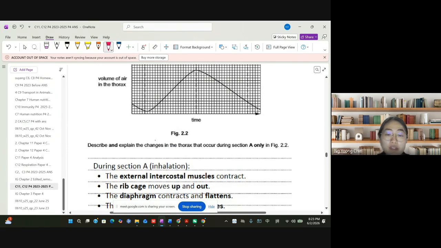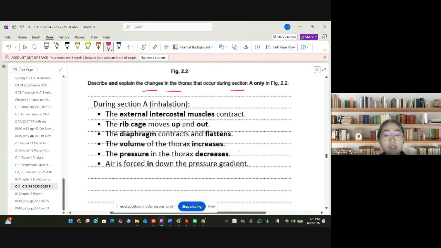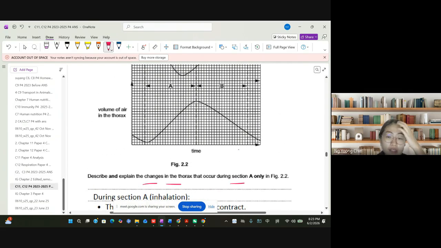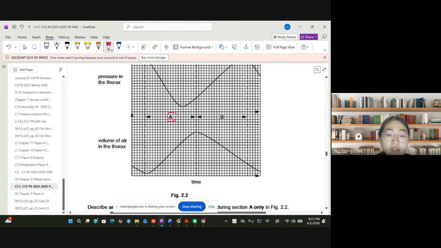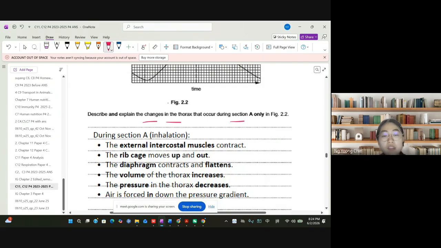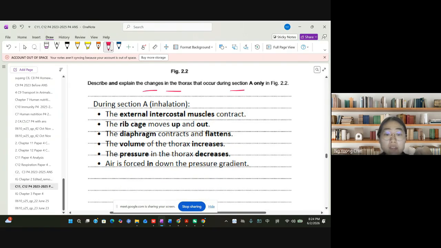So explain the change in the thorax during section A. Okay, so during section A, which is around here, what happens if the volume of the oxygen is increasing? The pressure is decreasing. So it's like inhalation, right? Just write based on the keyword given.